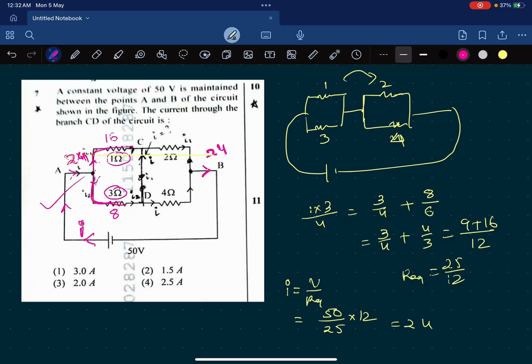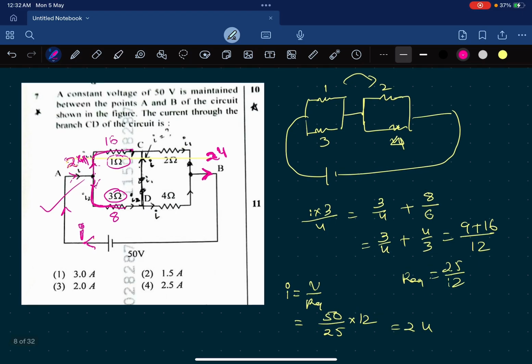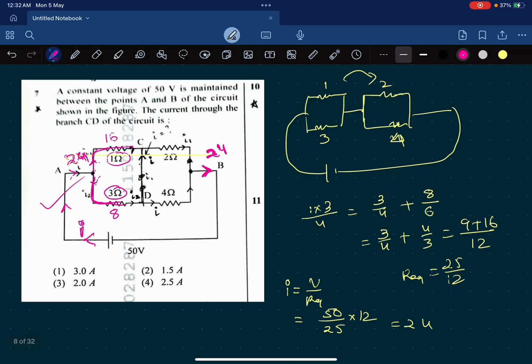Again, on this side 24 amperes of electric current should come out, right? Now if I divide this 24 into 3 different parts, you see 2 is 1 unit, and here we have 2 units, right? So if I divide it into 3 parts, one part will contain 8.